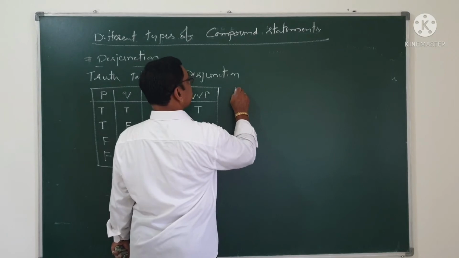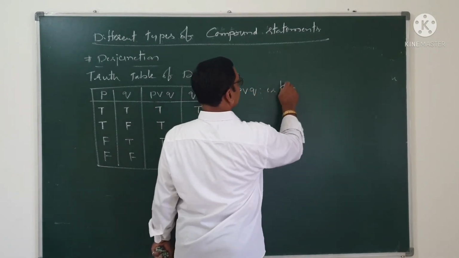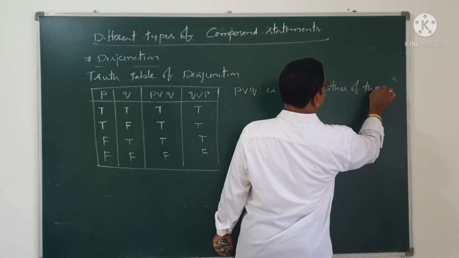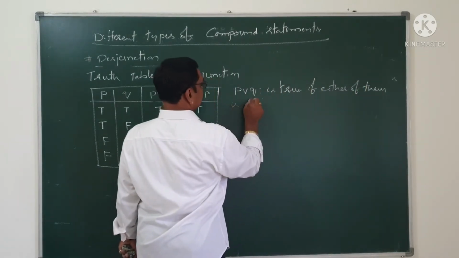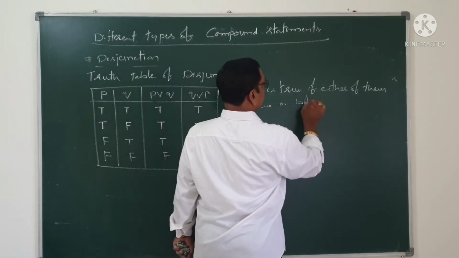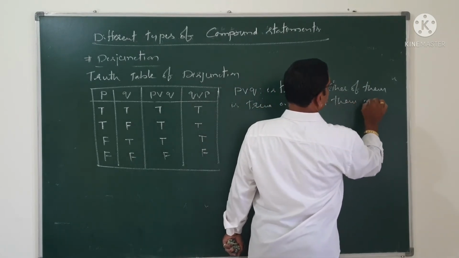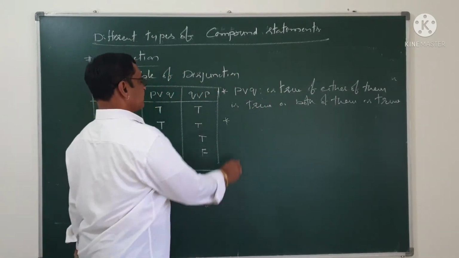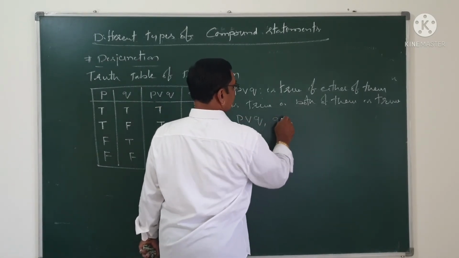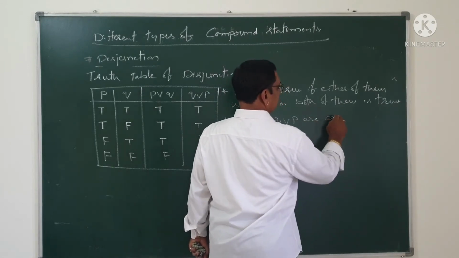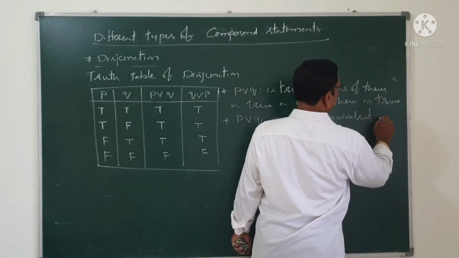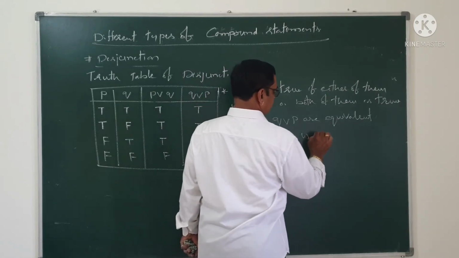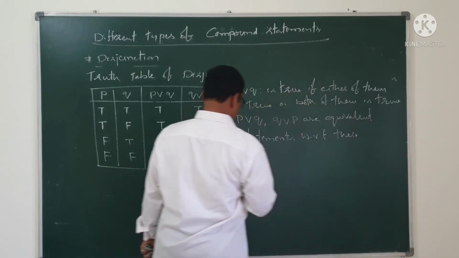So here, number one: P or Q is true if either of them is true or both of them are true. Second: P or Q and Q or P are equivalent statements with respect to their truth values.